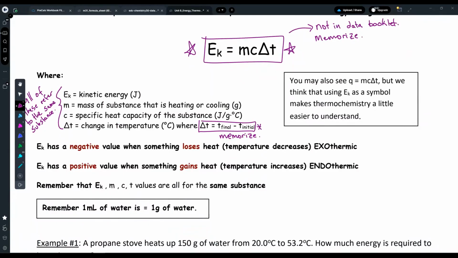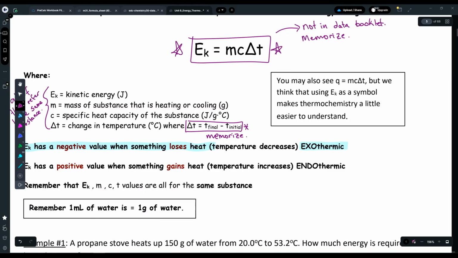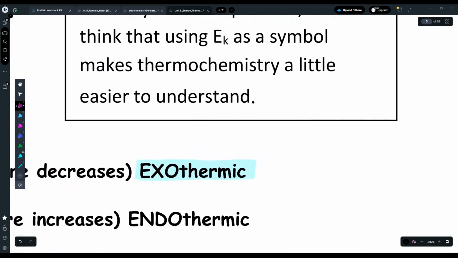All right, so kinetic energy is going to have a negative value when something loses heat, so temperature decreases. So this is going to be the sign that an exothermic process is happening when heat is being lost.